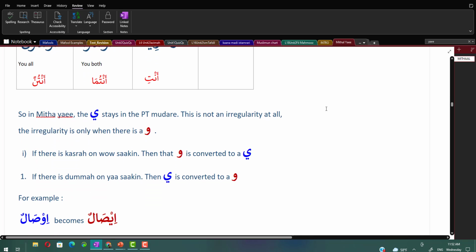Now in mithal yaee, the ya stays in the mudari, present tense. This is not an irregularity at all. The irregularity is only when there is a waw. Like if there is a kasra on the waw sakin, then the waw is converted into a ya. And if there is a dhamma on the ya sakin, then the ya is converted into a waw.